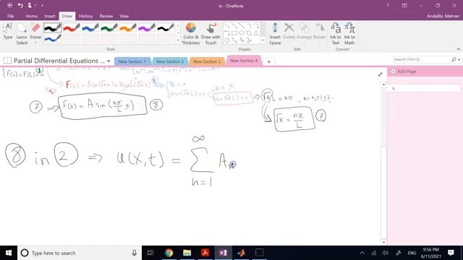So it is going to be like a n sine of n pi x over L times g of t. So this is the solution.